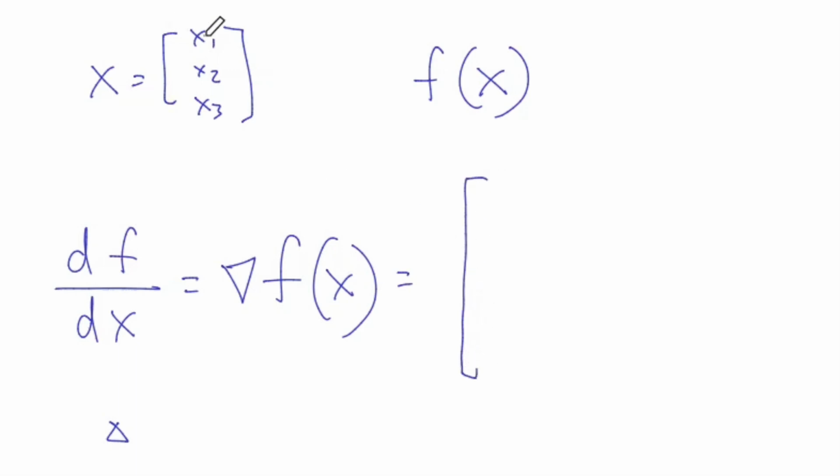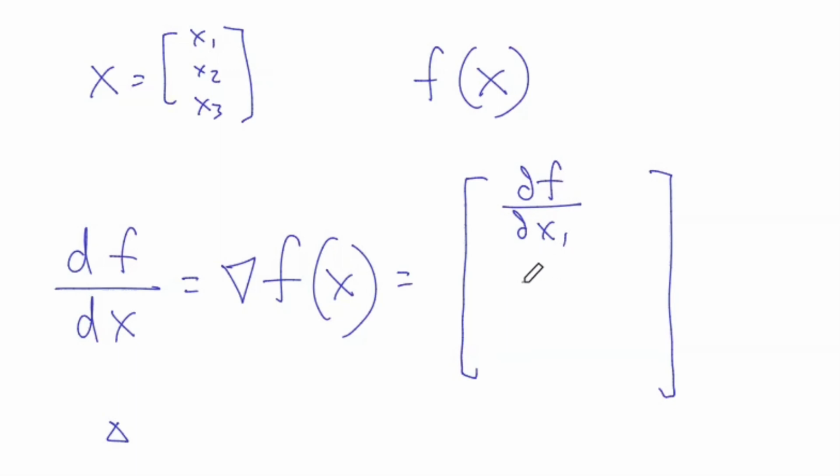It is given by, since we have three variables x1, x2, x3, this gradient is a vector as well. So what is this vector? The first element is df over dx1, the derivative of the function over x1.